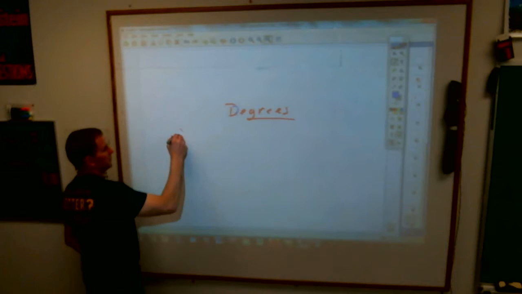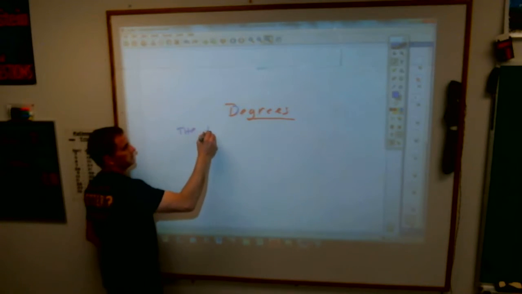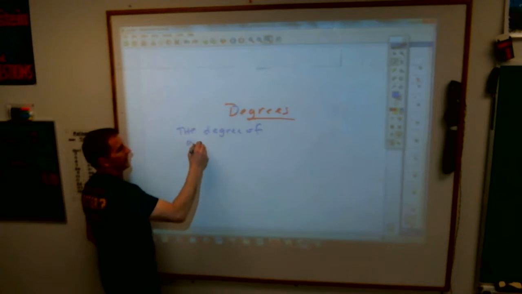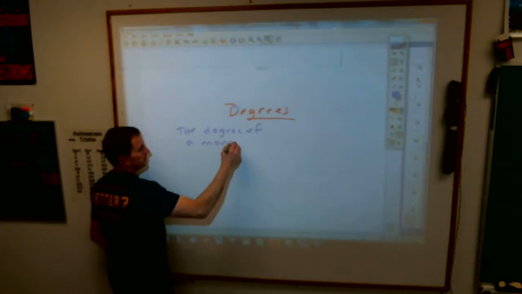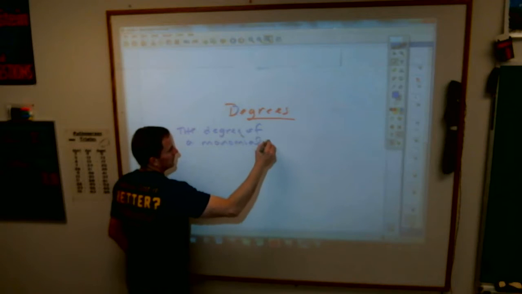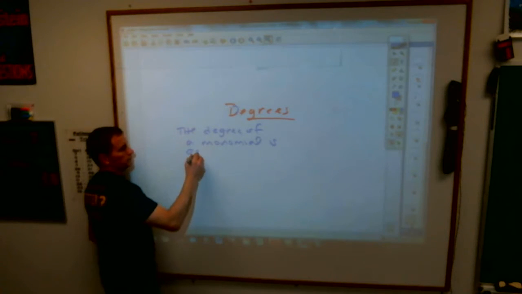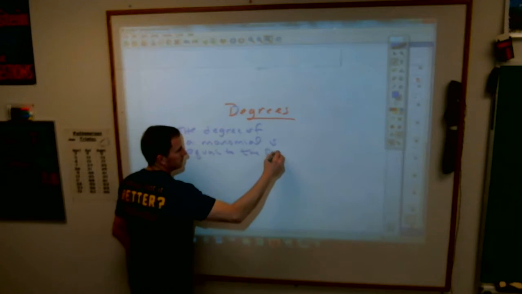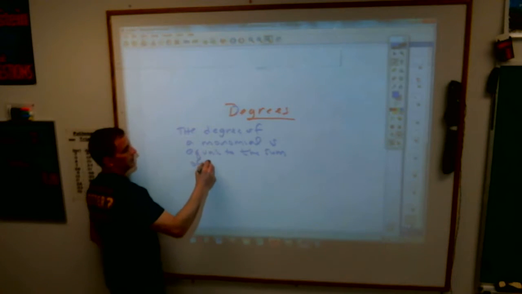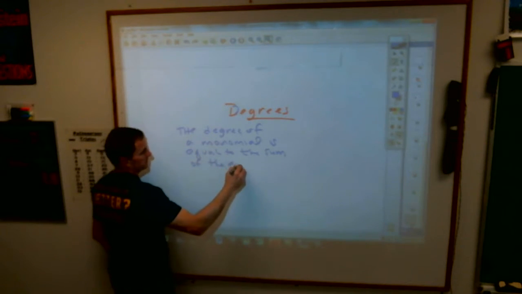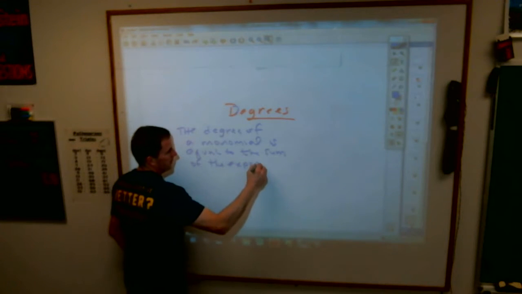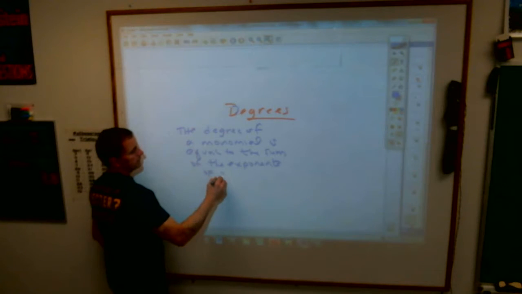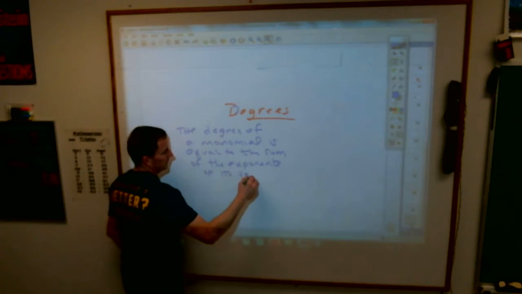Write this: the degree of a monomial is equal to the sum of the exponents of its variables.